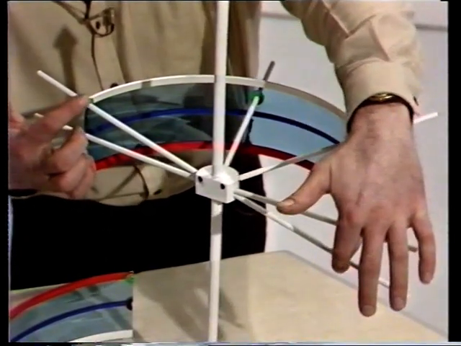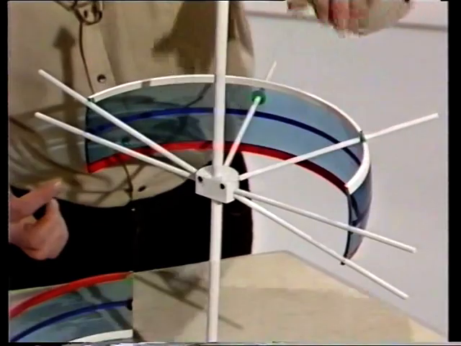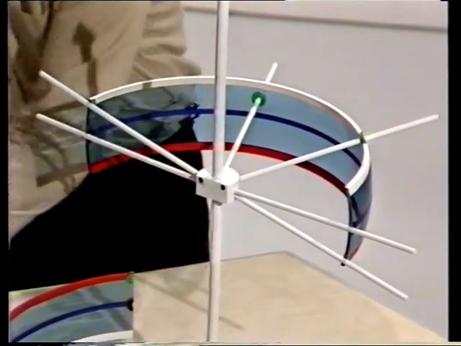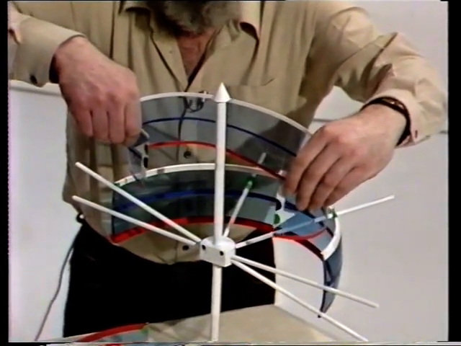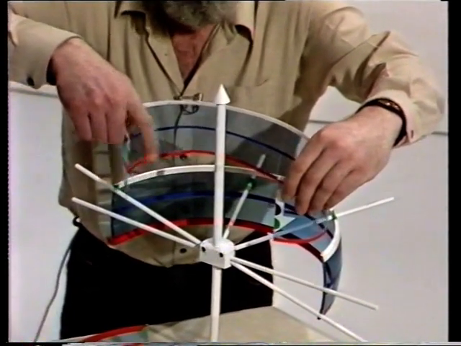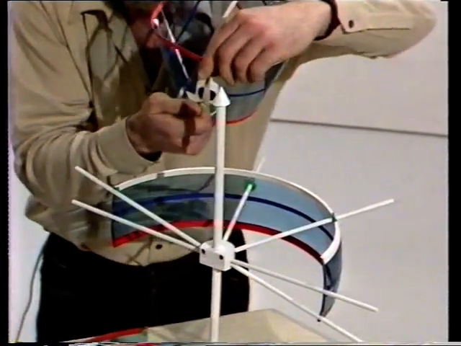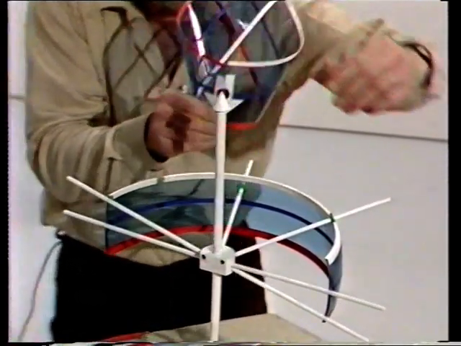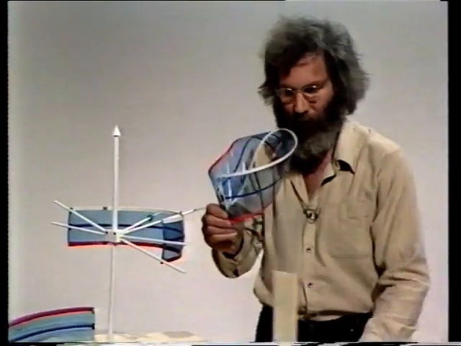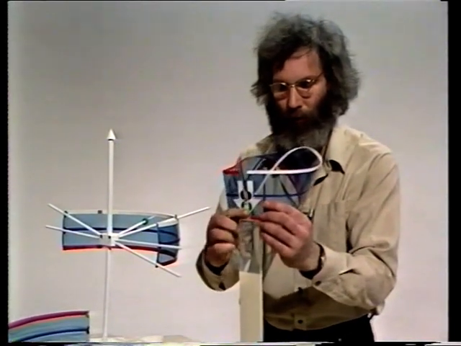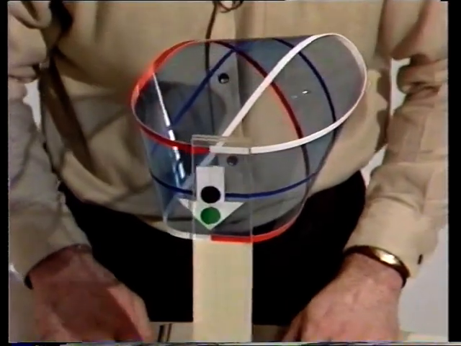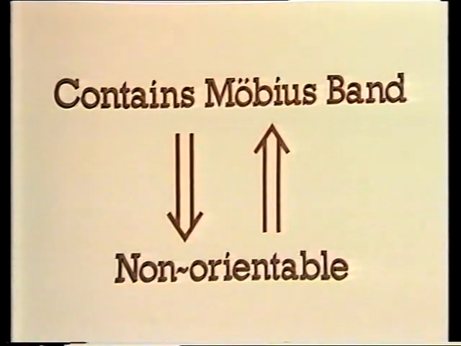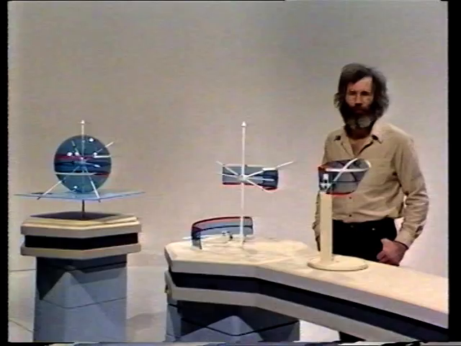And notice that involves gluing in opposite directions to achieve the correct identification. In other words, I have to give this a half twist before gluing. And here's our Möbius band. So the projective plane is non-orientable.